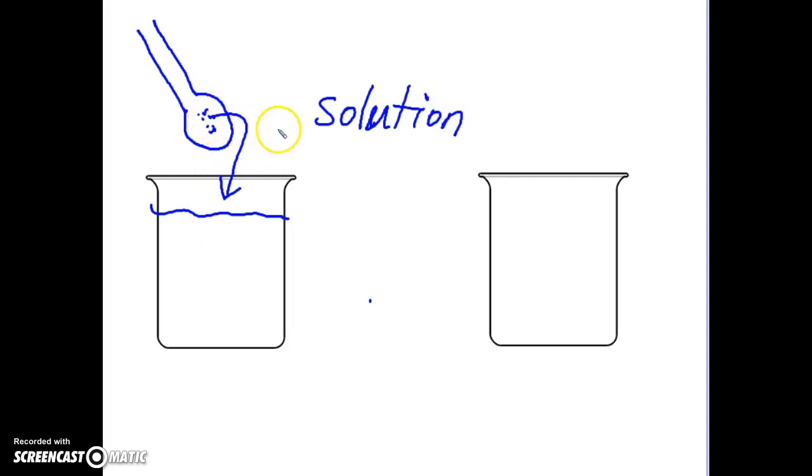Now the sugar part is called the solute, and the water part is called the solvent. Okay, so this is the solvent, this is the solute, and when it's all mixed together it's called a solution.